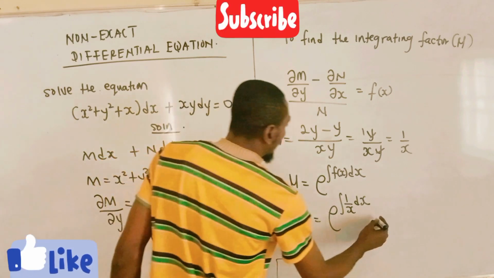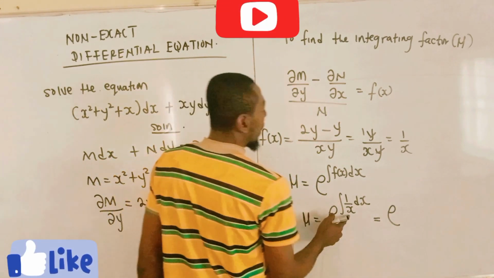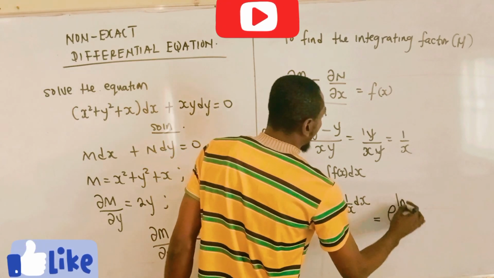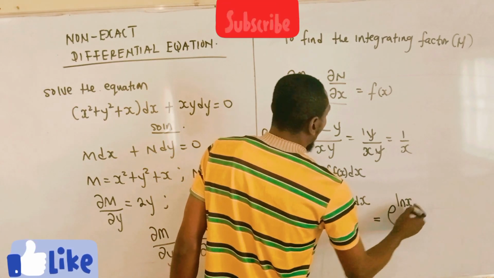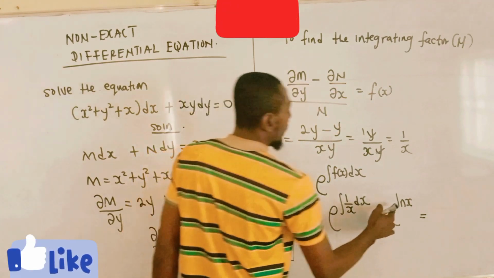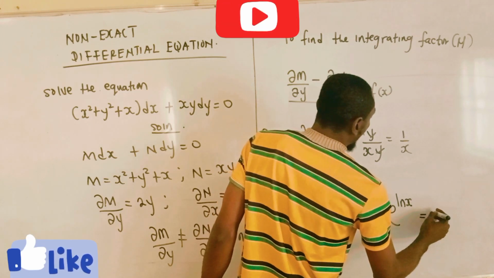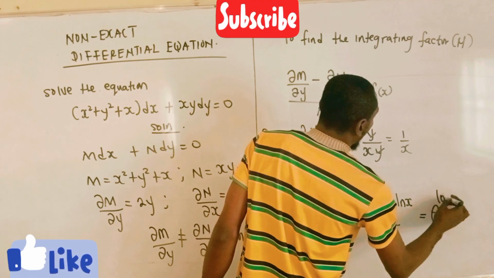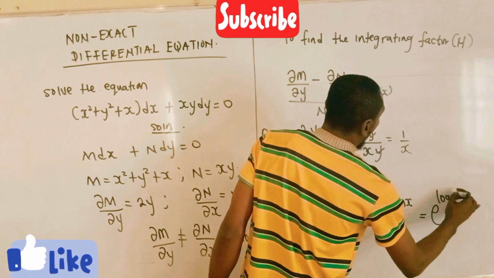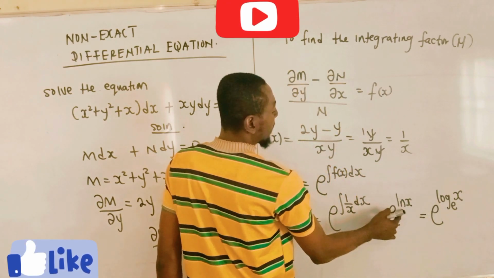Is that okay? So this is equal to exponential of, the integral of 1 over x is ln x, right? Then ln is the same thing as log to base e. So we have e raised to the logarithm to base e of x, where logarithm to base e is the same thing as ln.